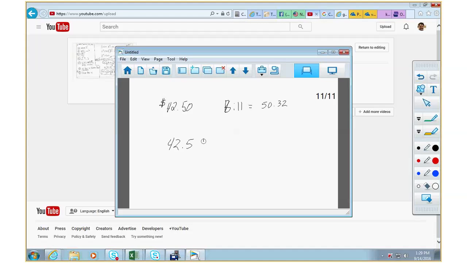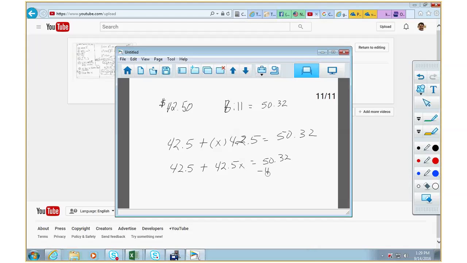So, 42.5 plus x times 42.5 is equal to 50.32. 42.5 plus, I'm just going to turn this around, 42.5x is equal to 50.32. How do you get rid of adding 42.50?